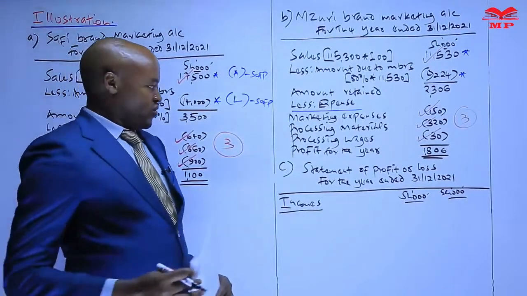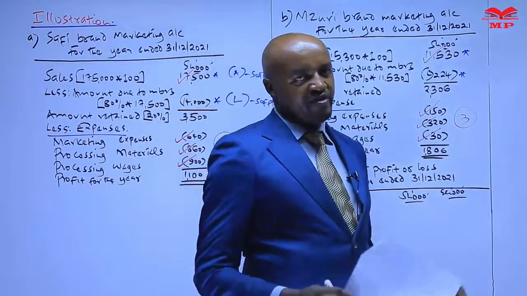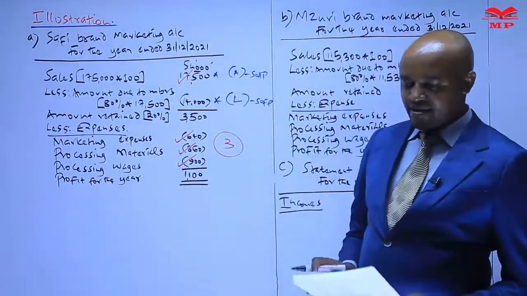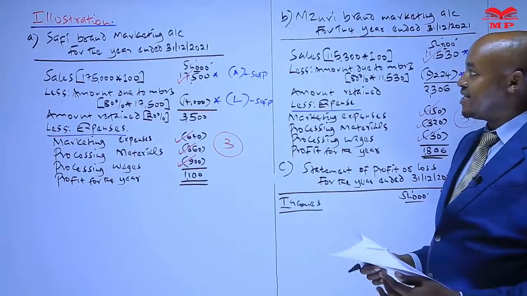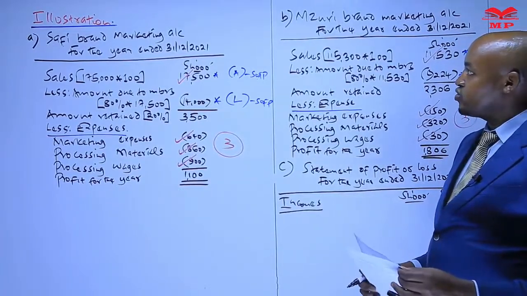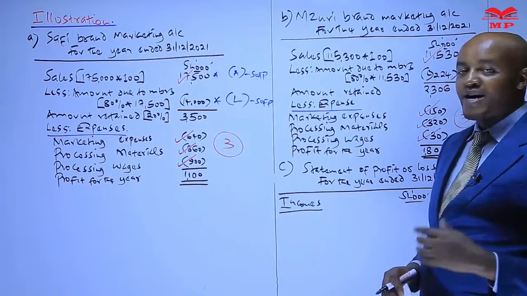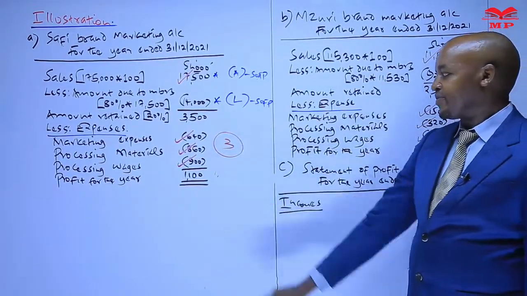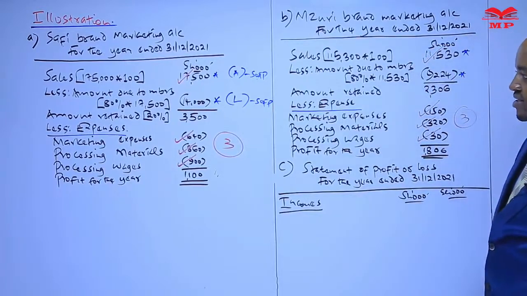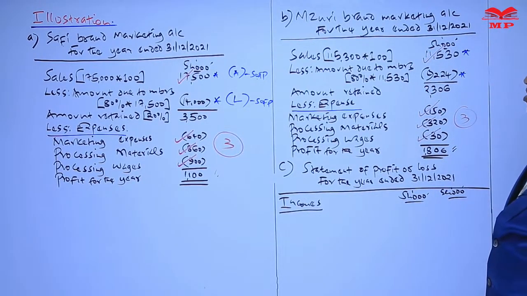So which are some of the incomes of this particular cooperative society? Even before we go back to the trial balance, because we know our cooperative society is responsible for marketing 2 coffee brands on behalf of the members, we know that from marketing of the 2 coffee brands, there was a profit of 1,100 from marketing and selling of Safi, and 1806 from marketing and selling of Muzuri.